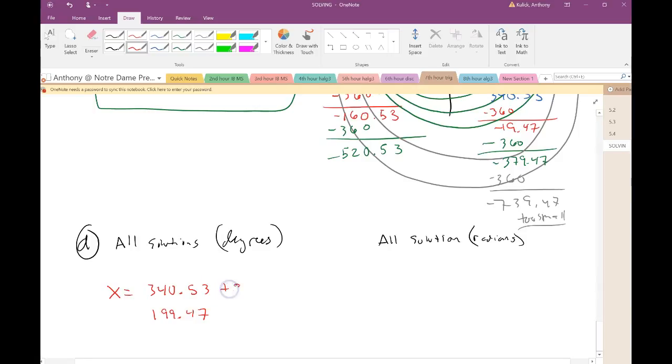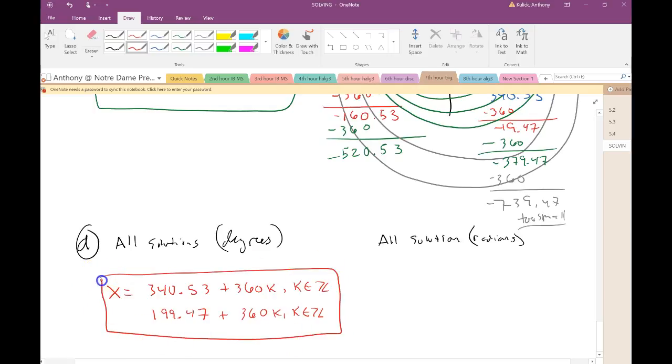And then I know every 360 degrees, I get another solution. So to get all the solutions in degrees, all I do is take my answers to part A, and then put that plus 360k, k an integer, at the end. Didn't require any more thought than that.